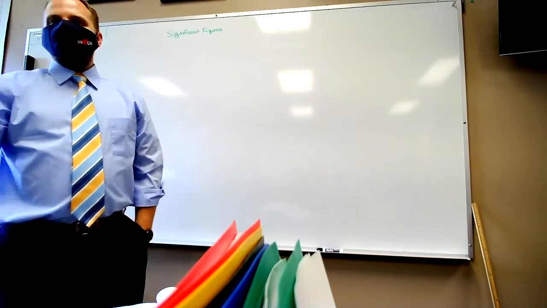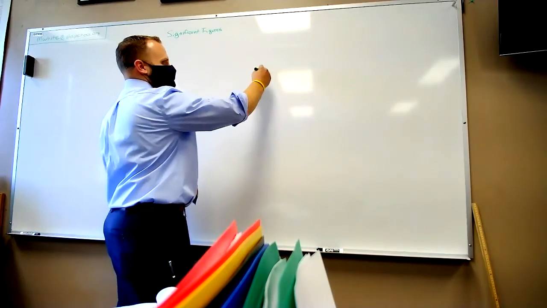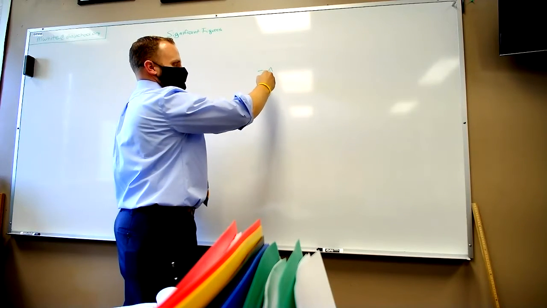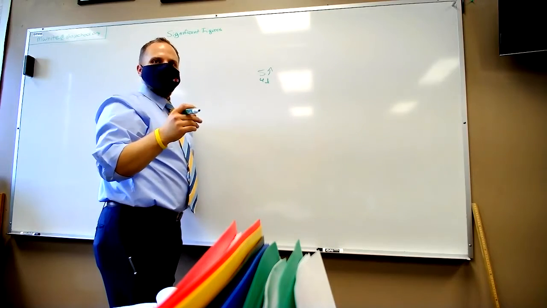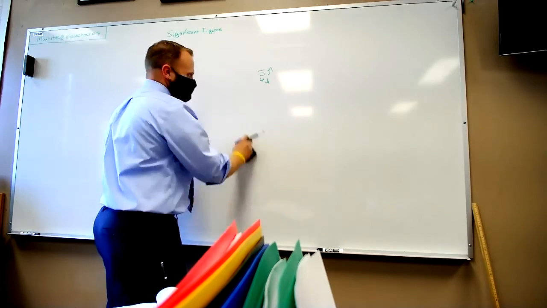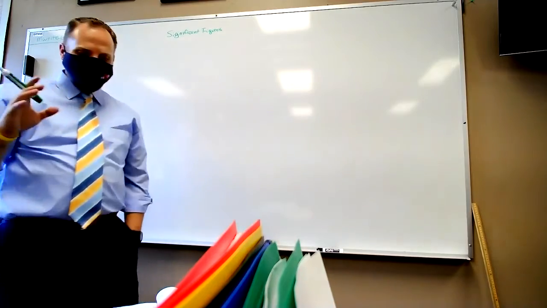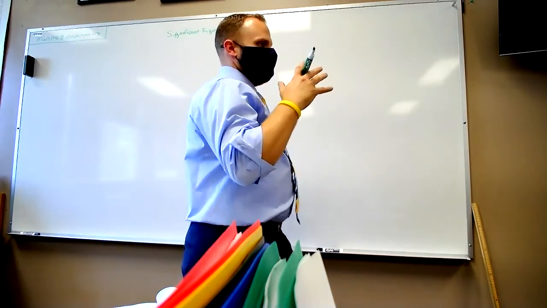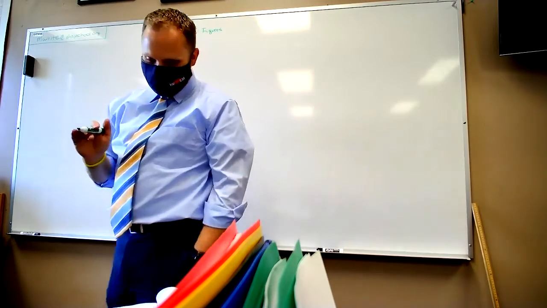Now, you guys know how to round, okay? If it's 5 or above, you round up. If it's 4 or below, you round down, okay? You guys have been doing that for a long time. So really what we want to figure out is, how do we know where the cutoff for significant figures is?